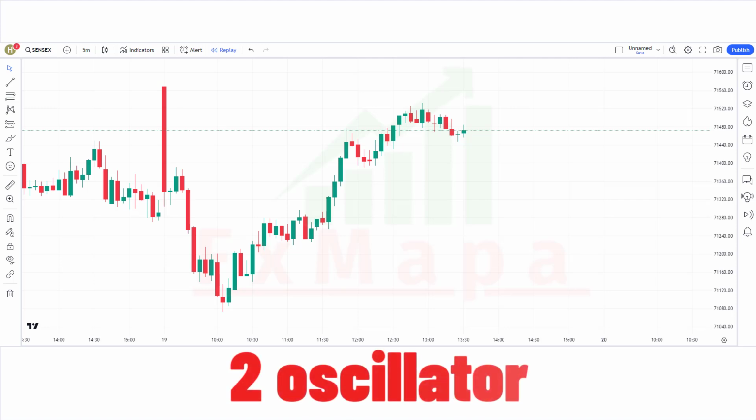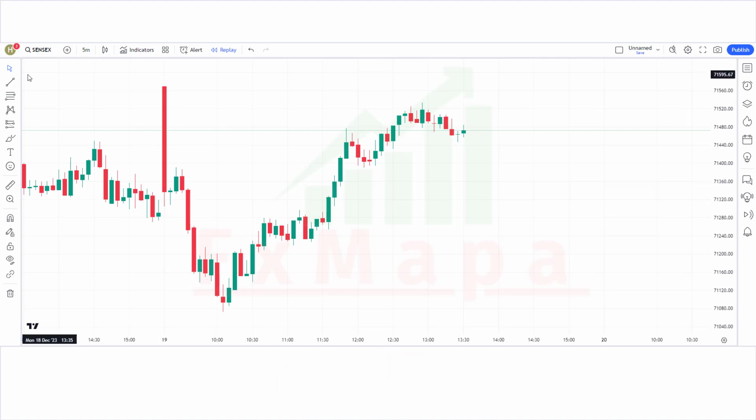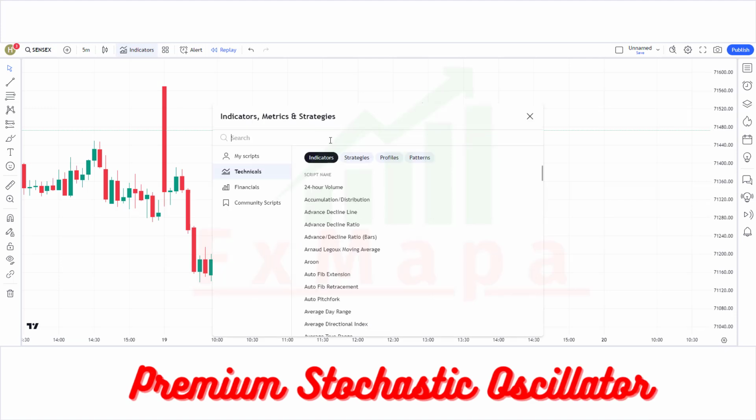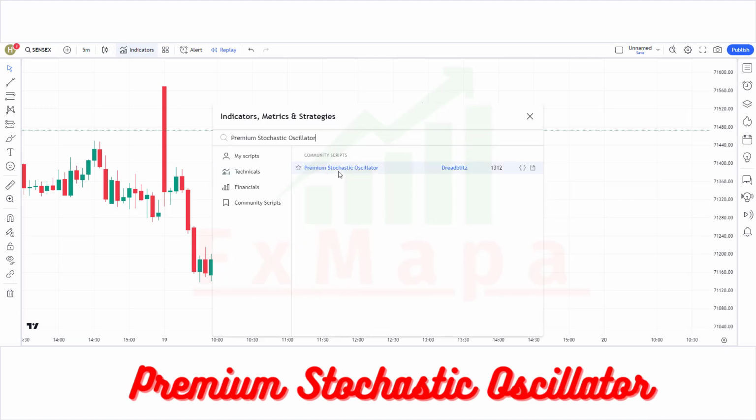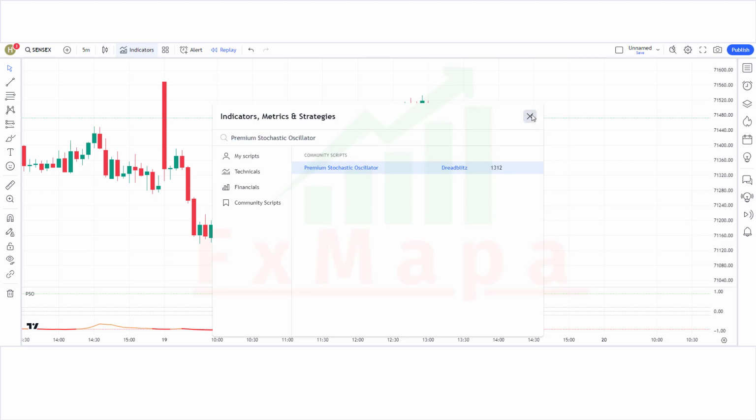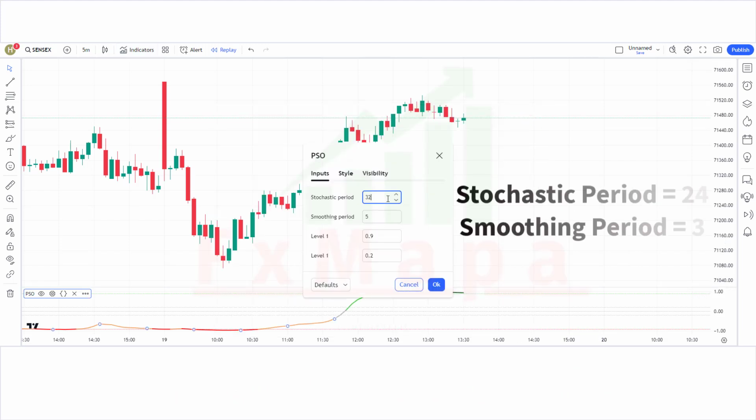In this setup we would require two oscillators. First indicator name is Premium Stochastic Oscillator. Keep the indicator settings as I have shown here.